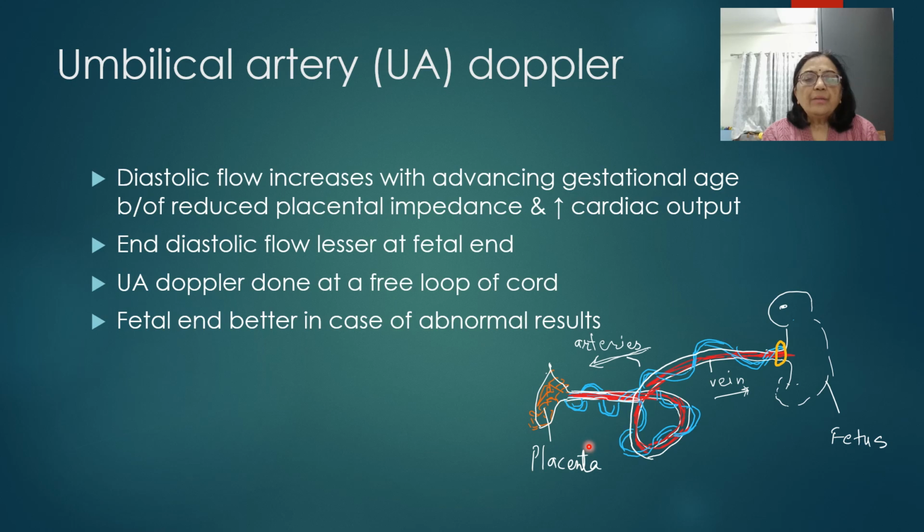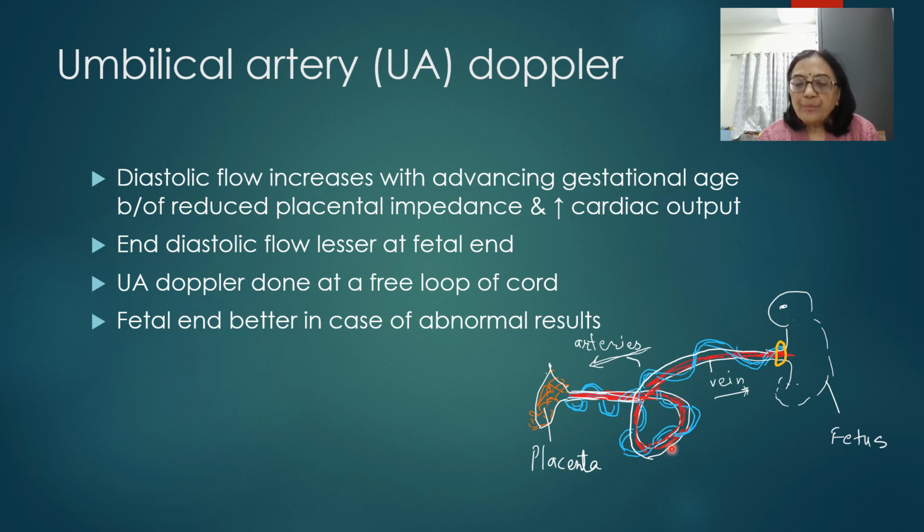Usually umbilical artery Doppler is done in a free loop of cord, like what we can see in this diagram. A loop is selected and in that the umbilical artery Doppler velocimetry is studied.